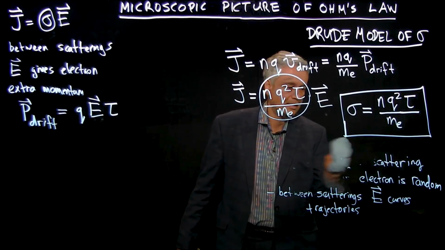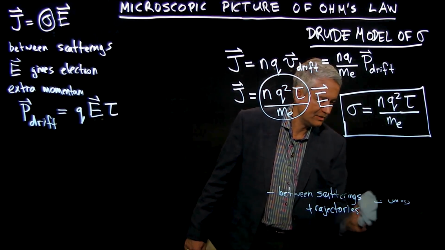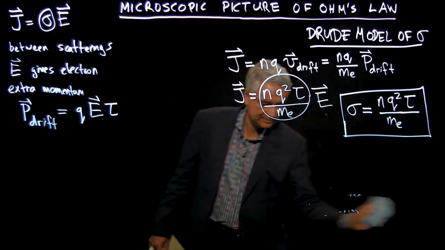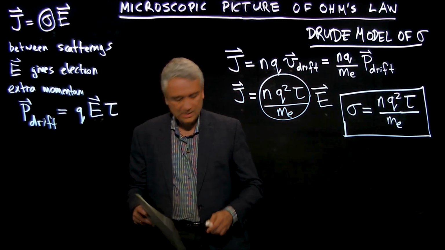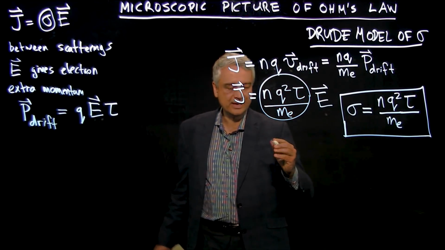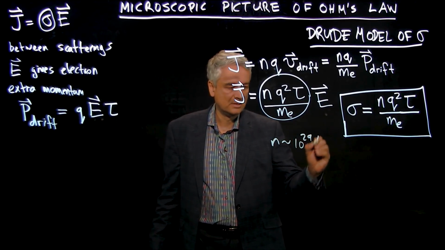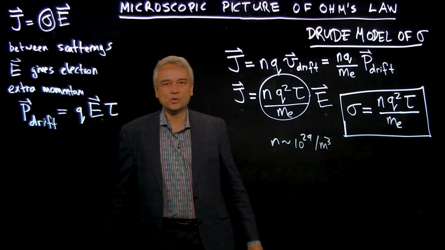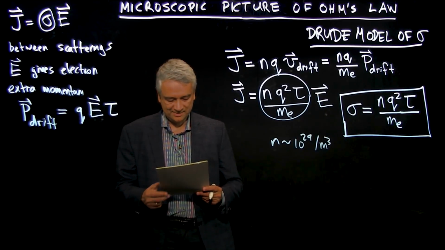I've already given you some sense of numbers for copper. Let me finish that. I've already told you that N is around 10 to the 29 per cubic meter. Q and the mass of the electron are fundamental constants of nature. You can look them up. But what about tau?